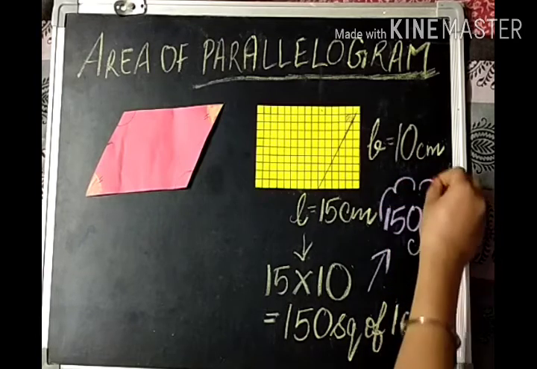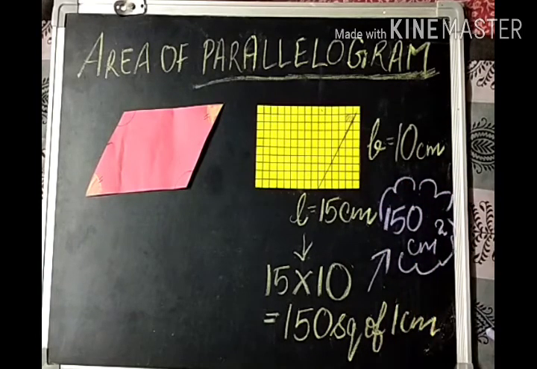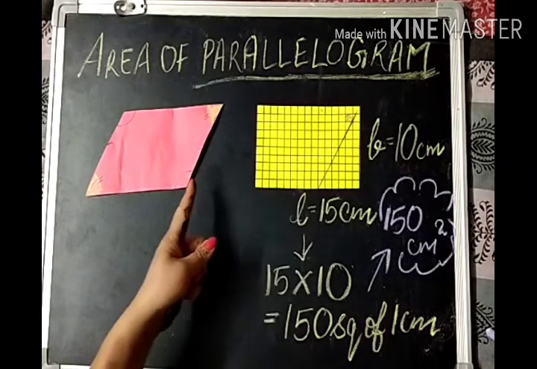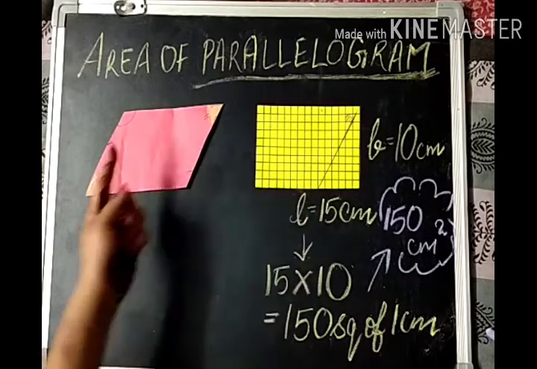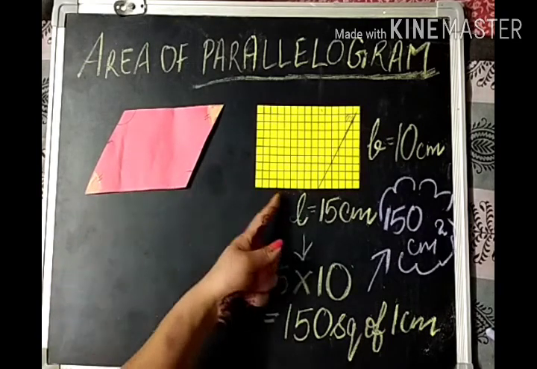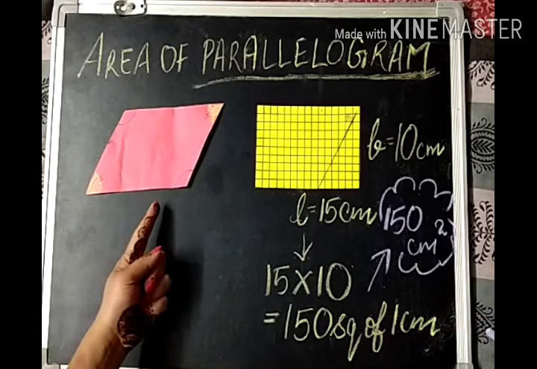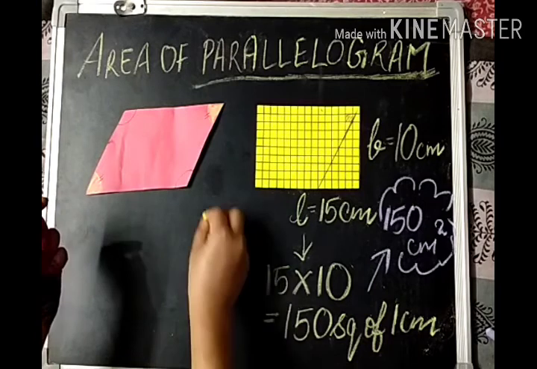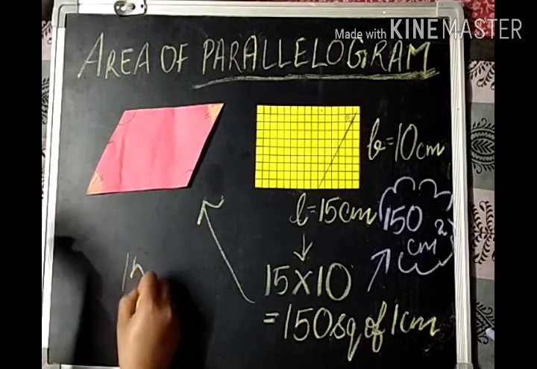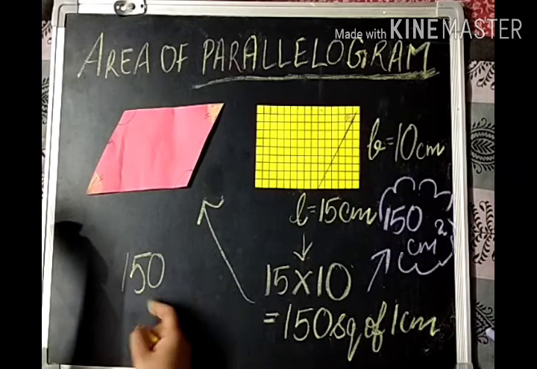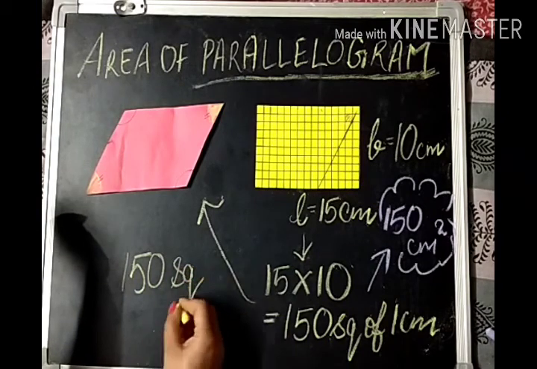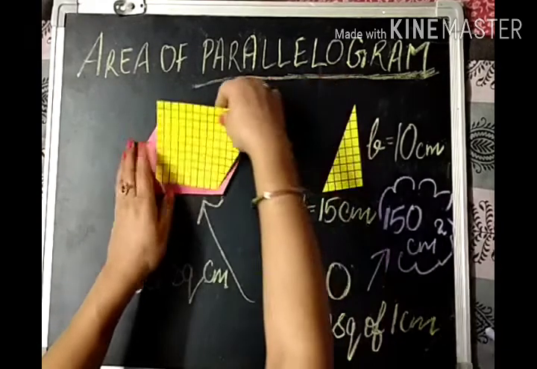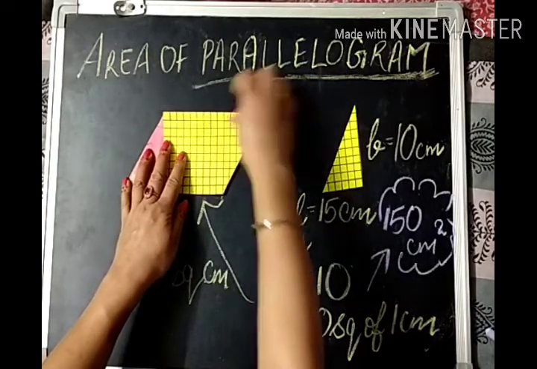This is one more way of writing it. Because we have made this rectangle out of this parallelogram, both have the same area. The area of the parallelogram will also be 150 square centimeters.